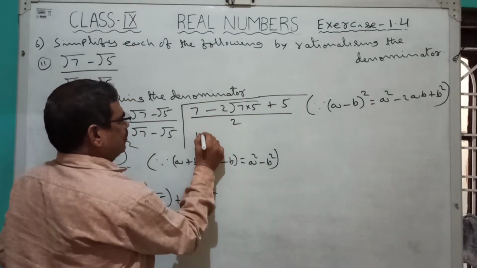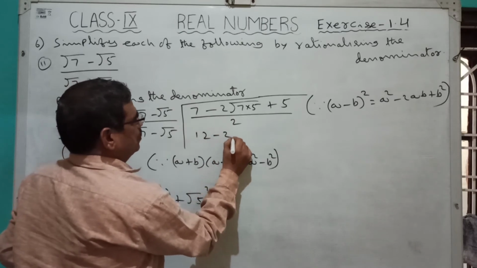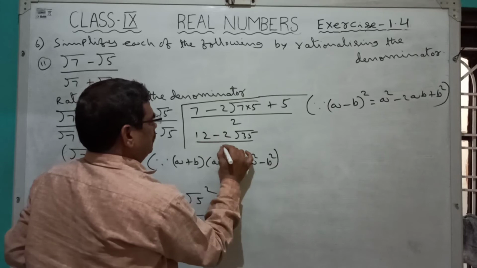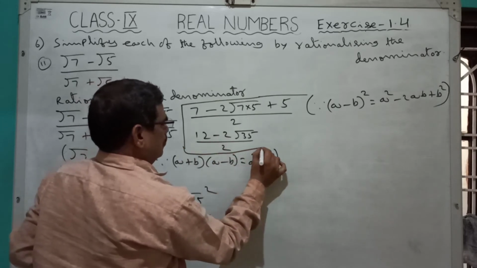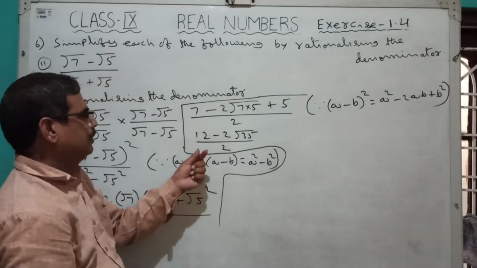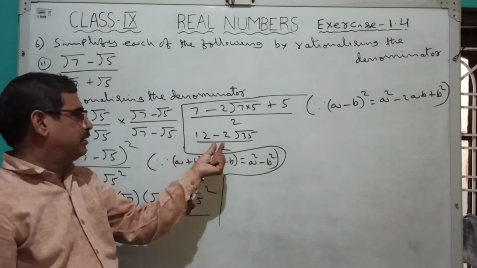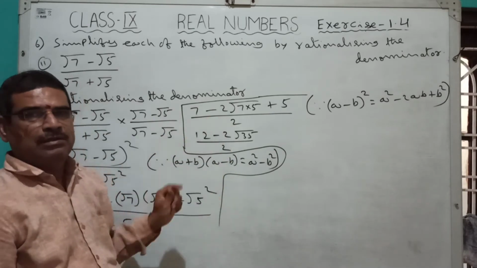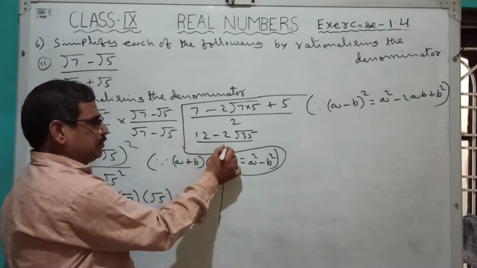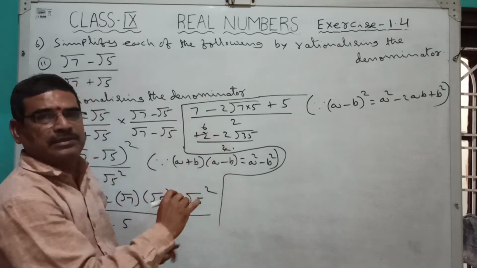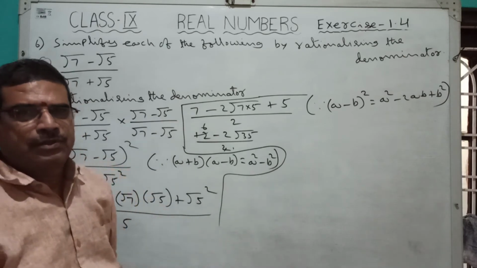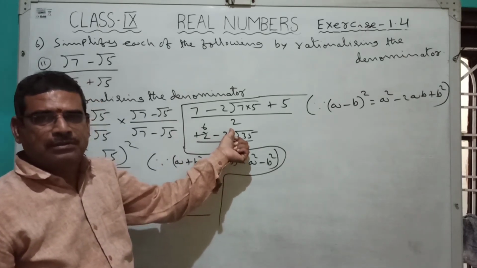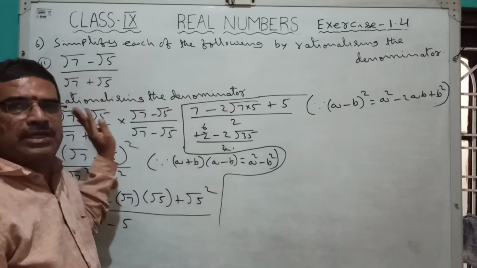What is the answer? 12 minus 2 root 35, by 2. Here in the denominator 2 is there. Here I can take 2 outside, here also 2 outside. But we don't cancel 2 ones, 2 sixes like that. This is not correct. These 2 are also responsible for this number also. So you take 2 outside, then cancel.